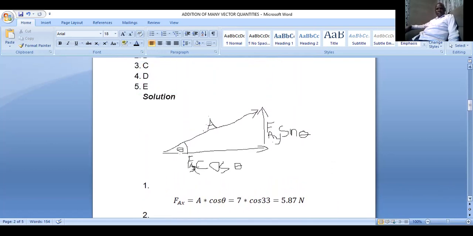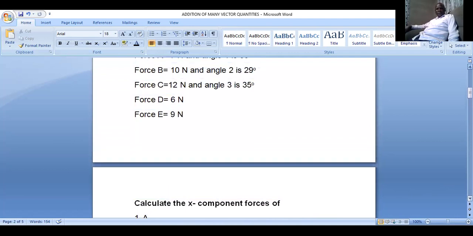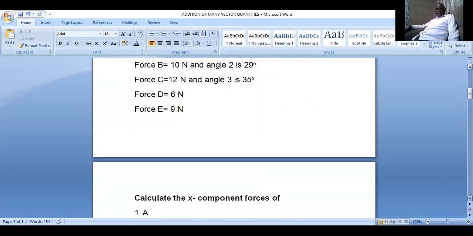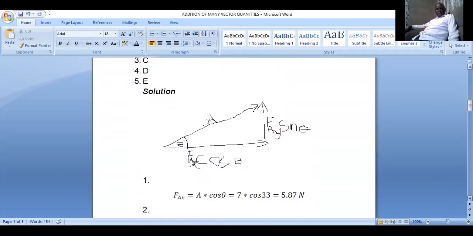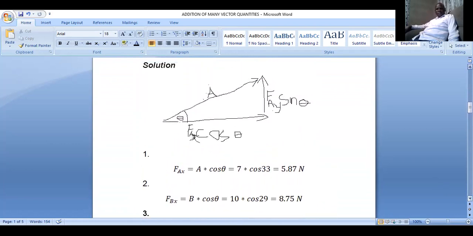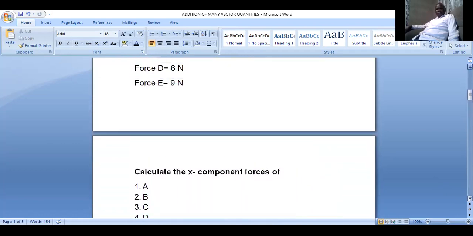Force C is this one here. To resolve this one, you note that it will be along the negative x-axis. Each time we are resolving these forces, there are two methodologies you can use.